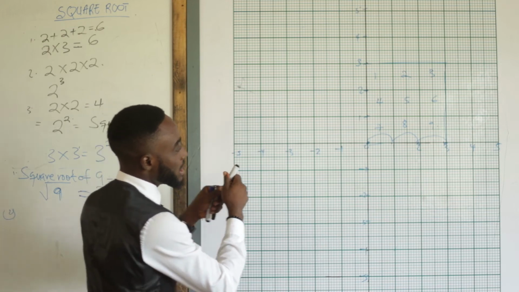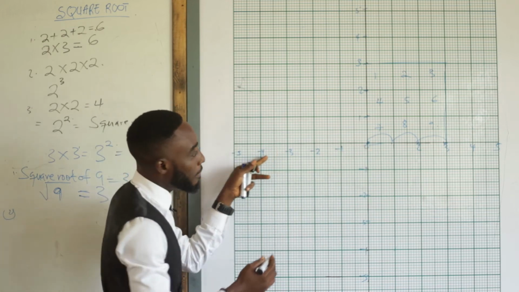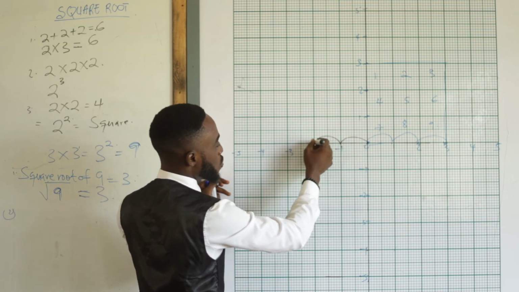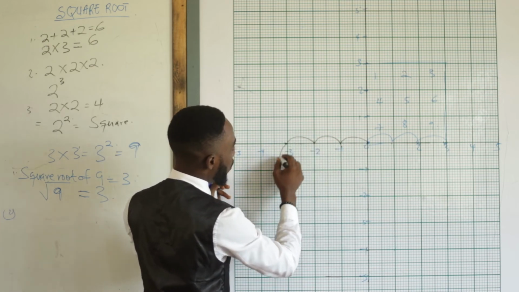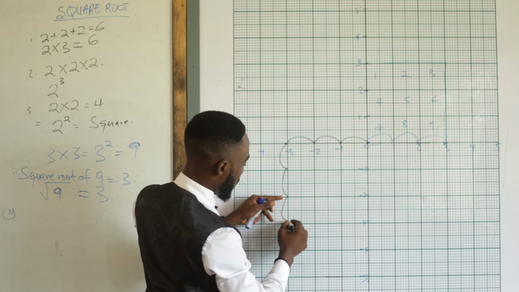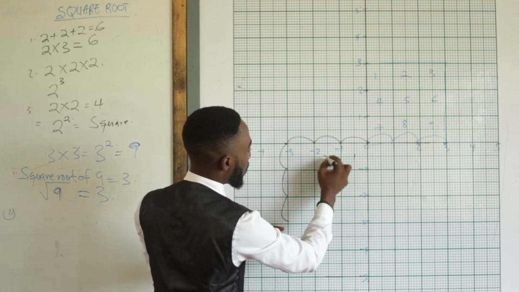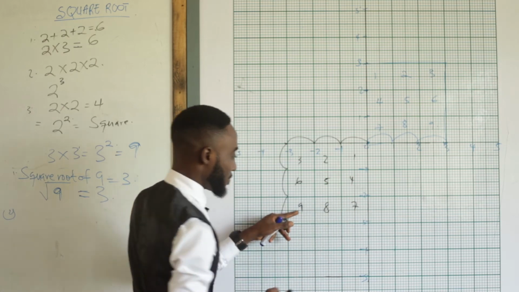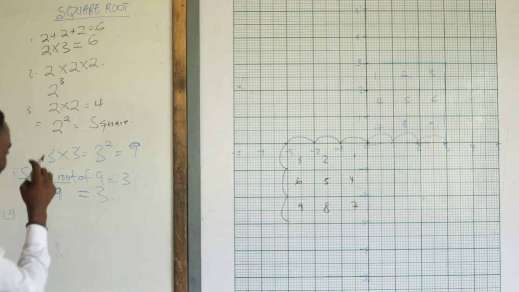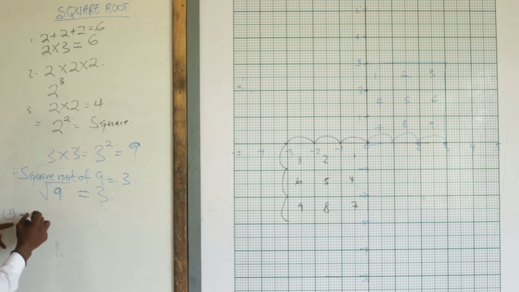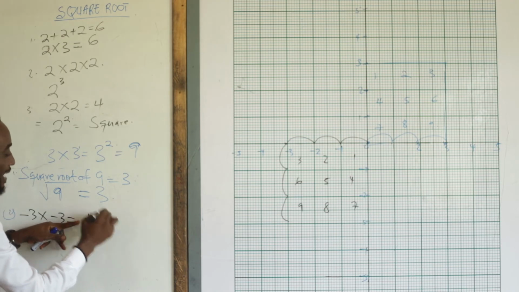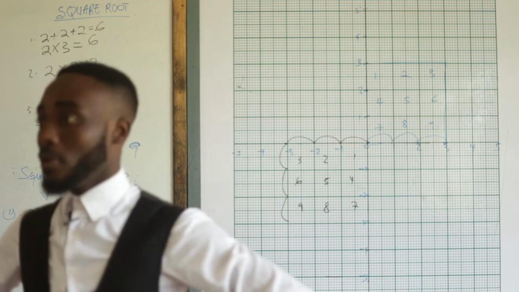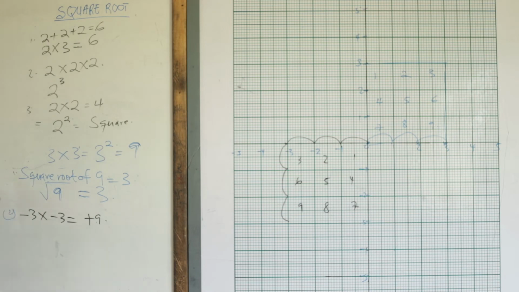We could also do the same for negative numbers. So negative 3 times negative 3 can also give us positive 9.